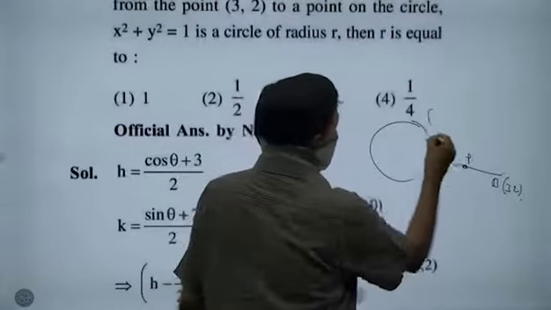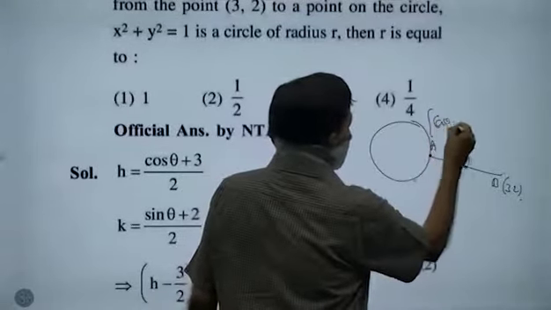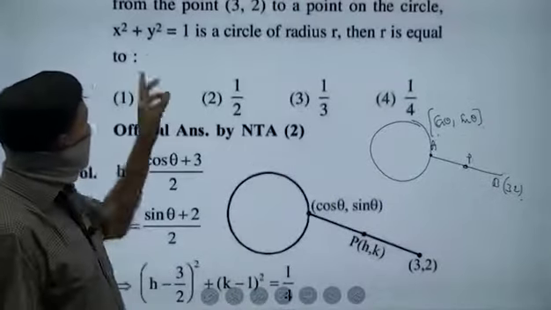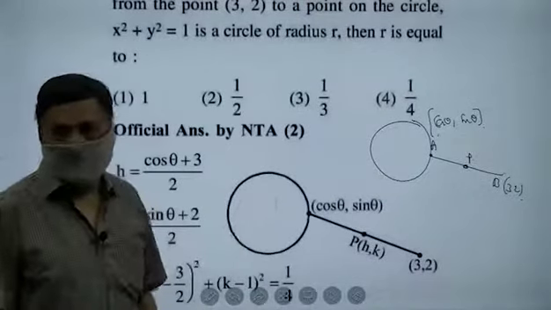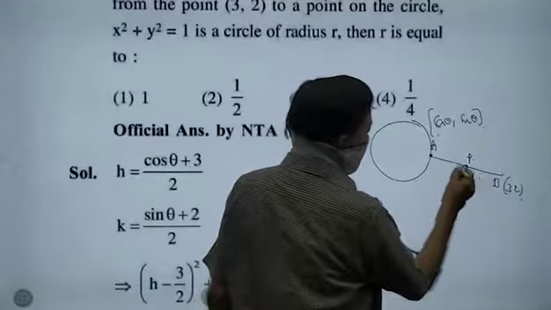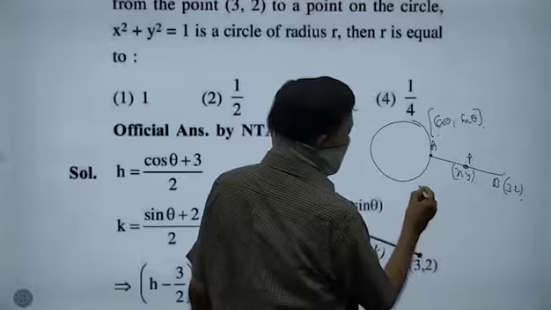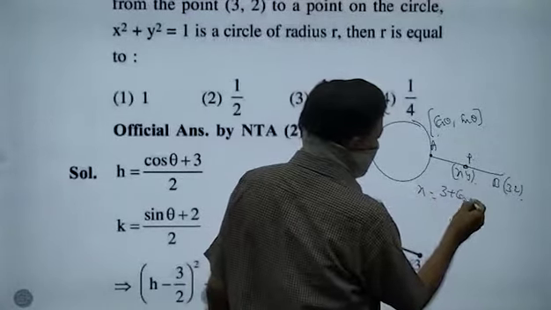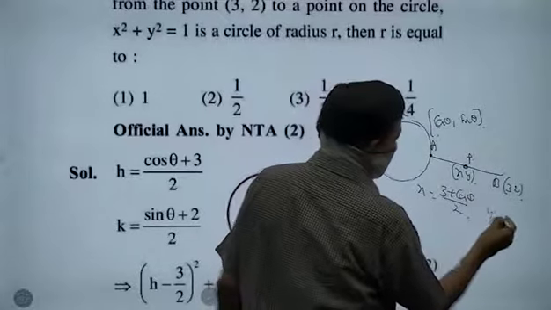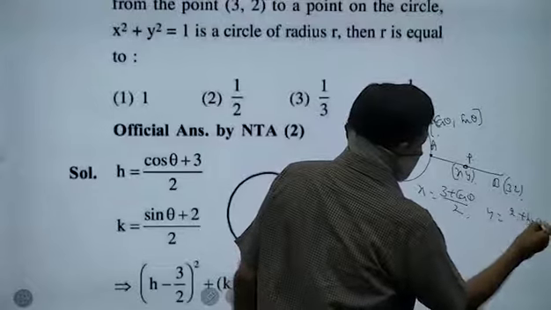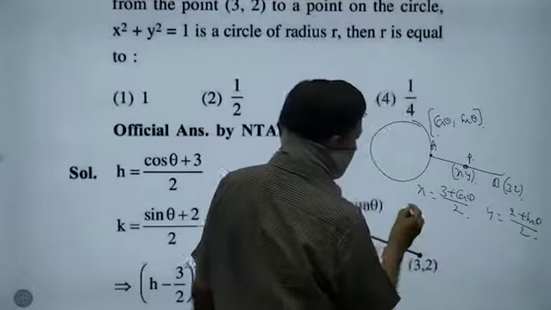See, any point on this circle is cos theta comma sin theta. R cos theta, R sin theta. R is what? 1. Midpoint is, let us say, x comma y. So x is equal to 3 plus cos theta by 2. Y is equal to 2 plus sin theta by 2.